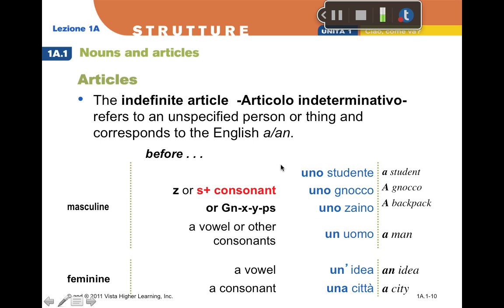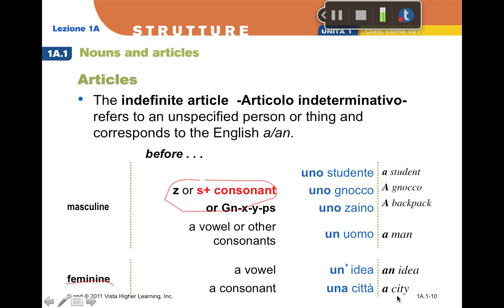Again, I use uno with these groups of consonants. I use un if the word starts with a vowel or with any other consonant except these.